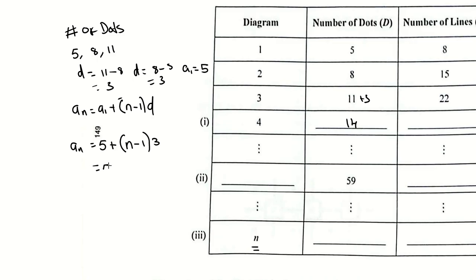So this will be 5 plus 3 times the bracket, because when we see a number directly outside the bracket, it means to multiply the number outside by each term. 3 times n is 3n, and 3 times 1 is minus 3. So this would be 3n plus 5 minus 3 when I group like terms, right? So that's 3n plus 2. So that's the formula for here.